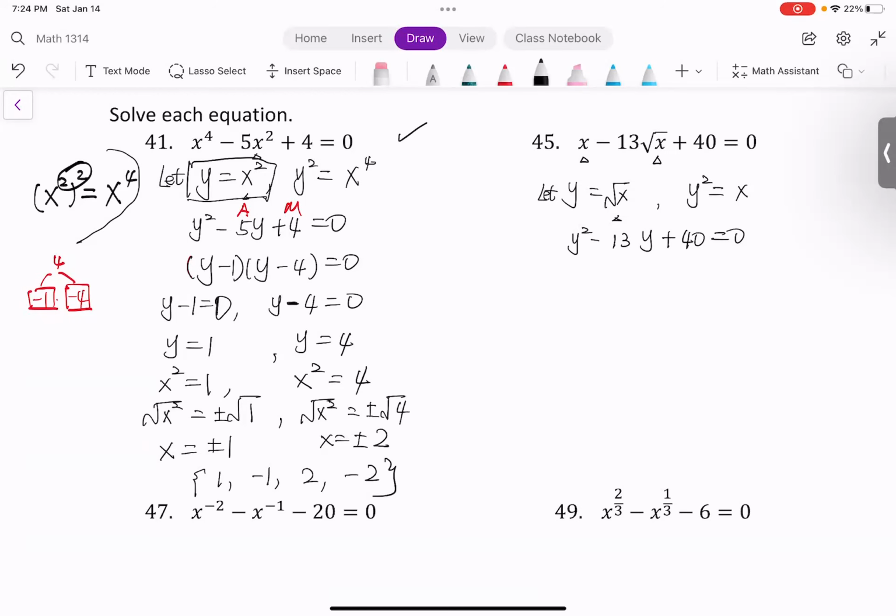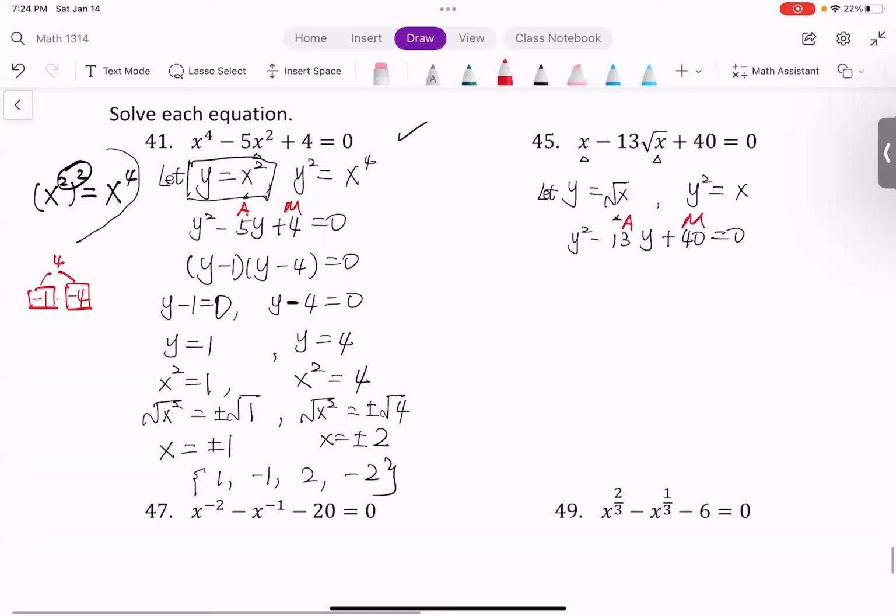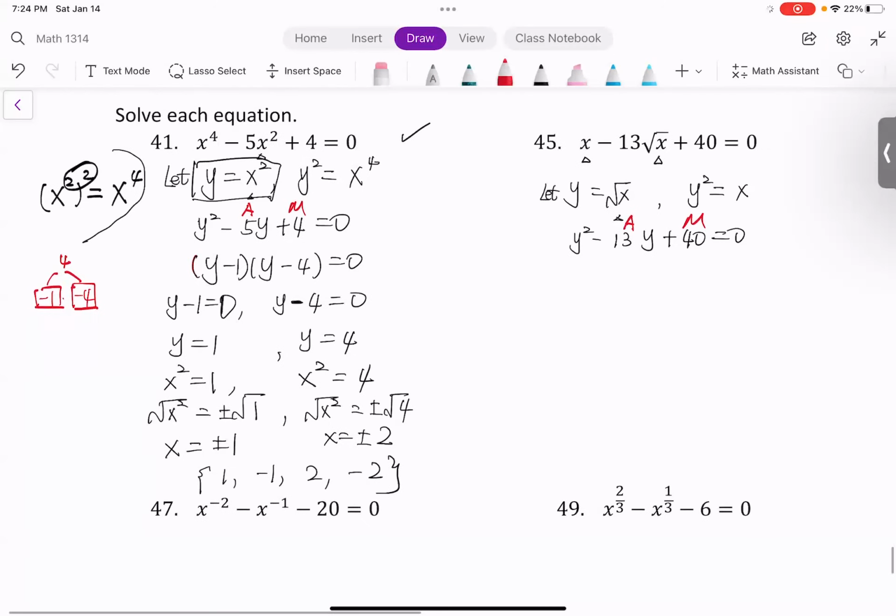Then we can use the A and M method to factor this one. A-M. So the multiplication is 40, find two factors. Then the addition of them makes negative 13.